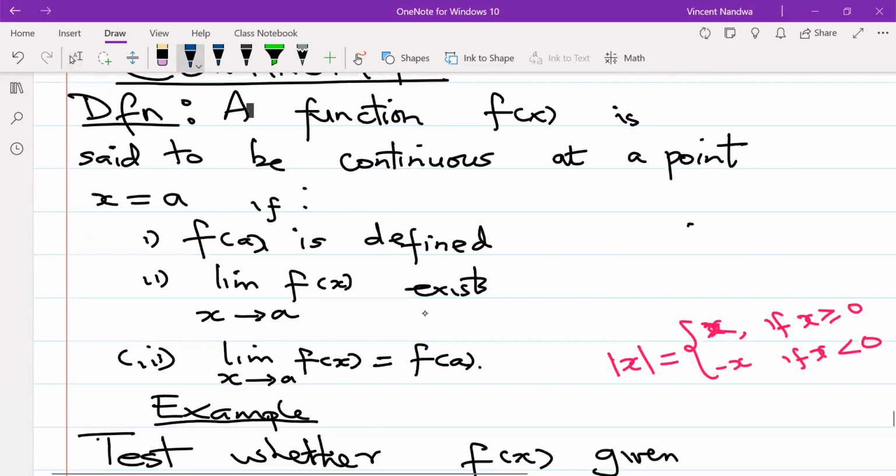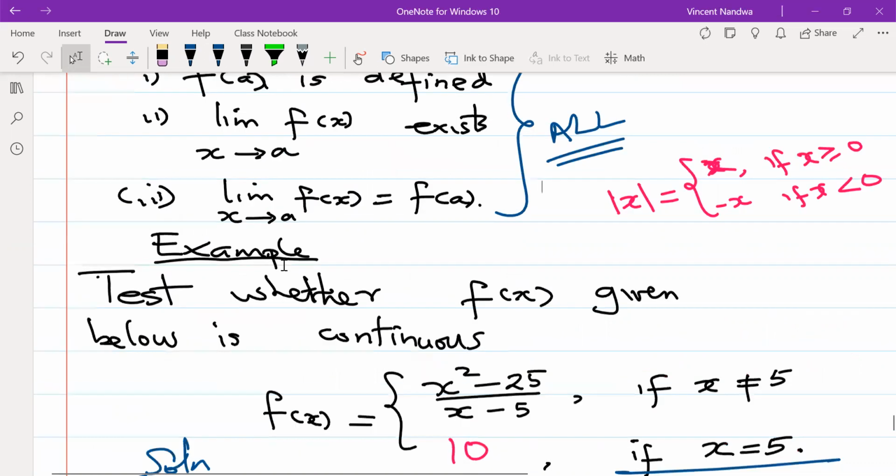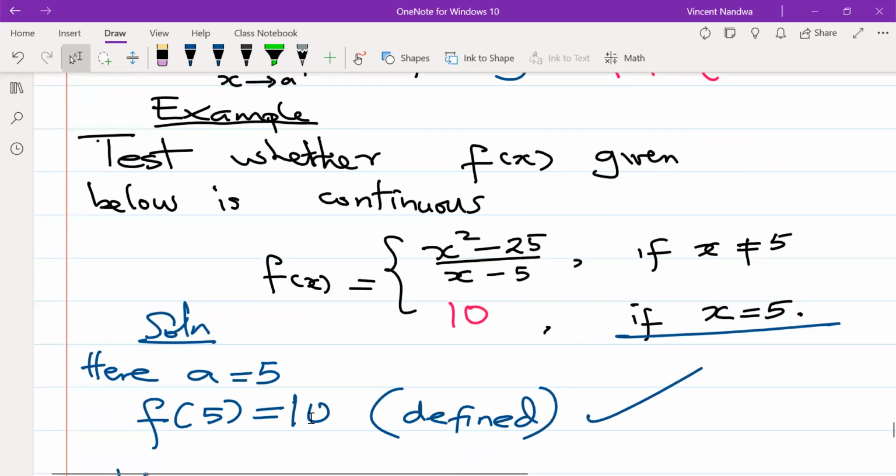They must all be right. All of these must be true. If at least one of them is not true, then the function is not continuous; it becomes discontinuous. So all the conditions must be satisfied. The first one is okay. The value of the function at 5 is 10, so the first condition is satisfied.